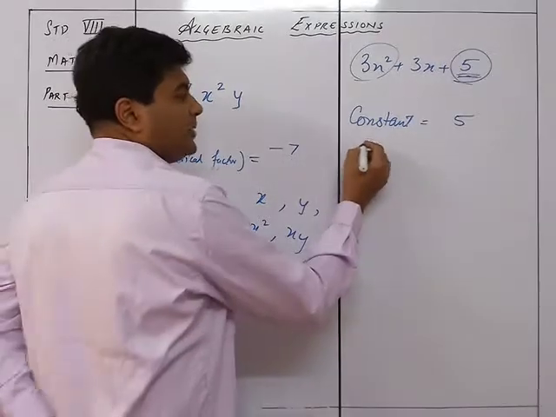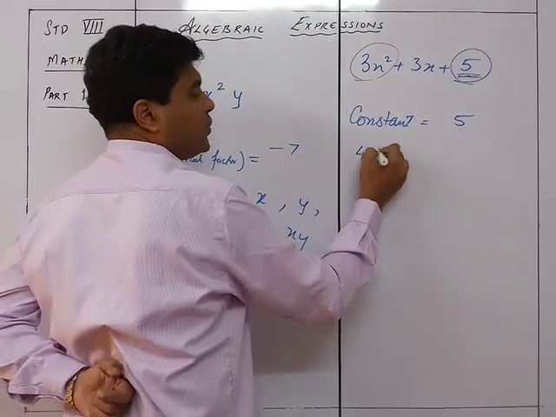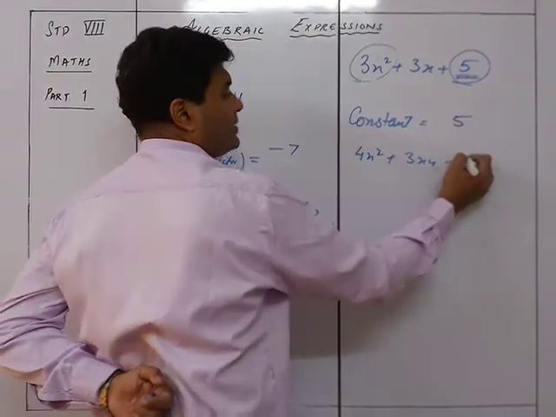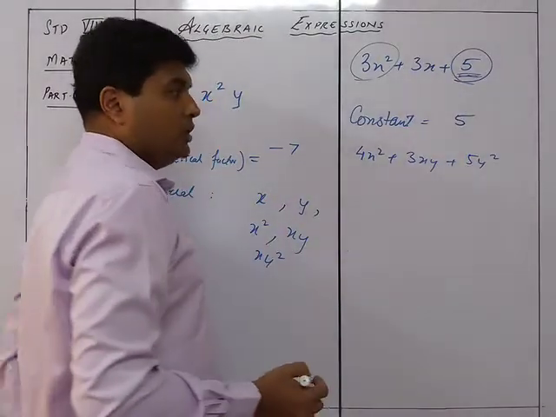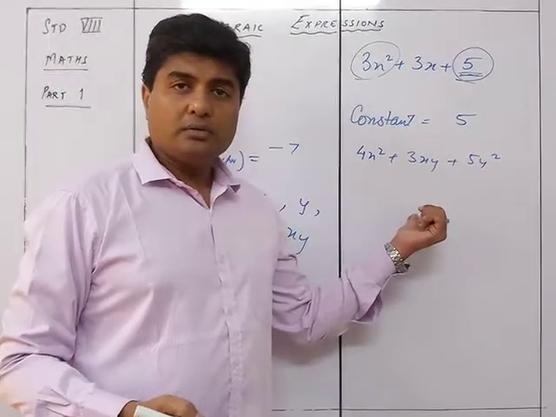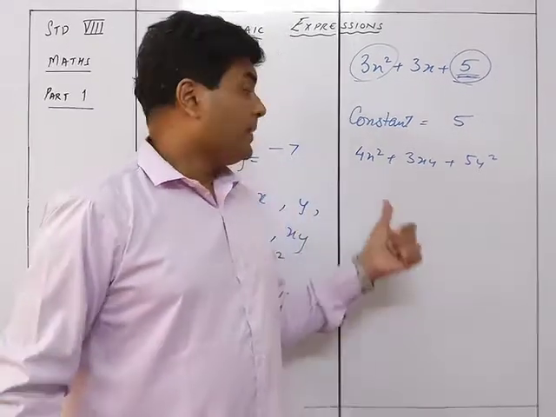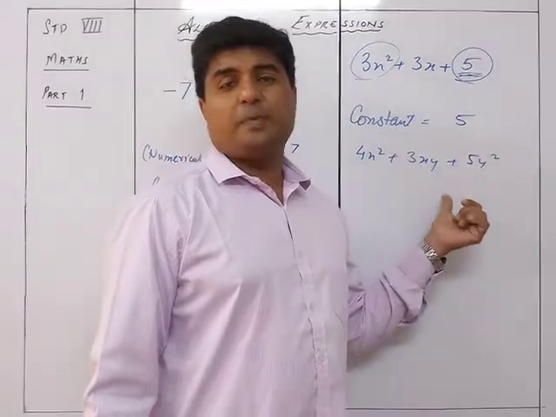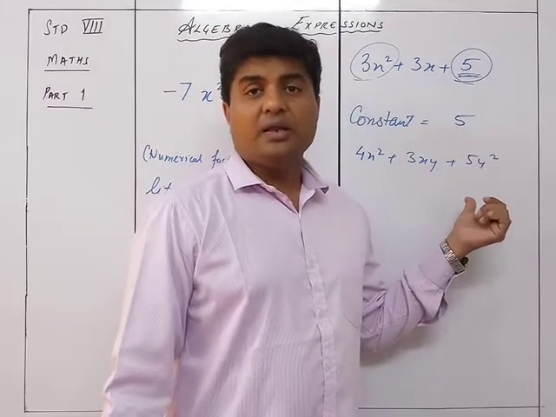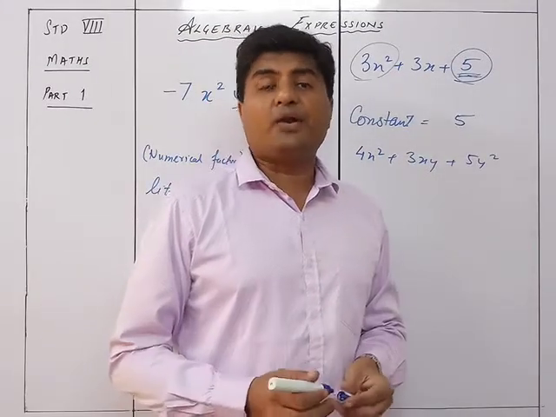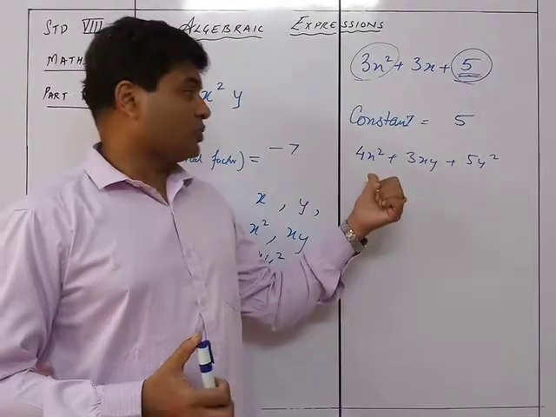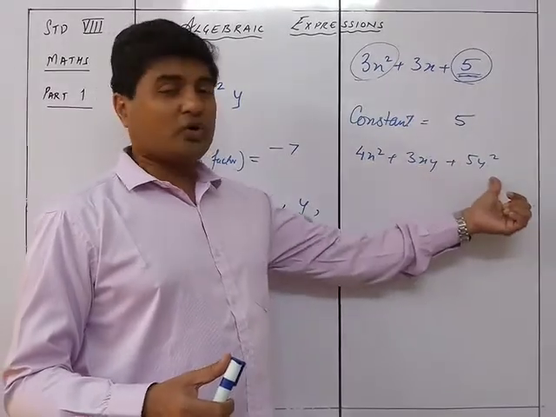If I take another example, 4x square plus 3xy plus 5y square, what is the constant over here? Over here there is no constant. Why? Because none of these terms are independent of any variable. This has x square, this has xy, and this has y square.